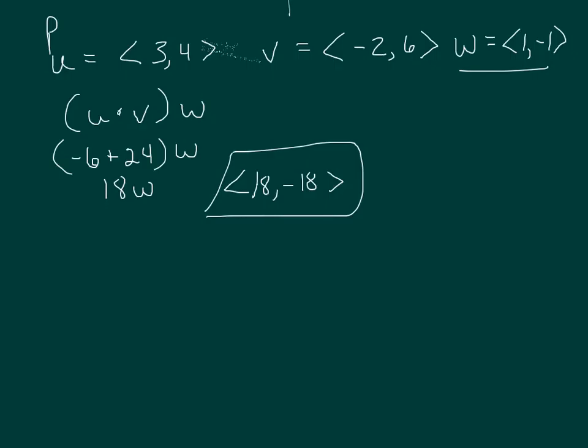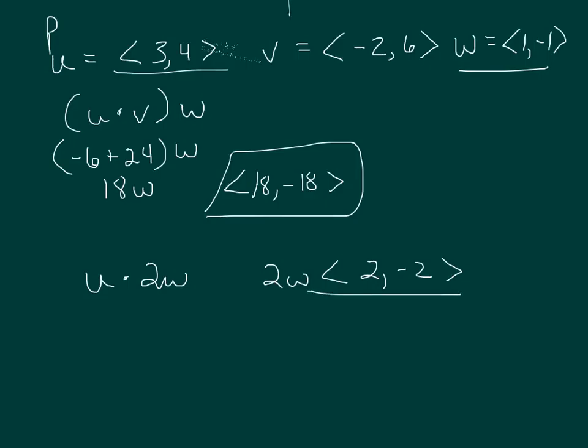If I take the dot product of u and 2w, well, what is 2w? 2w is going to be 2, -2. So if we take the dot product of u and 2w, we get 3 times 2 plus 4 times -2. So that dot product equals -2, and that is a scalar.